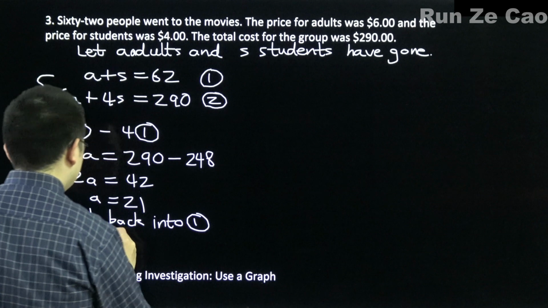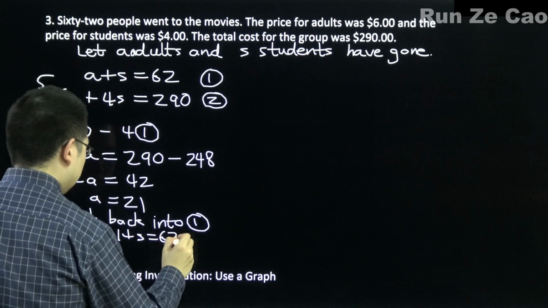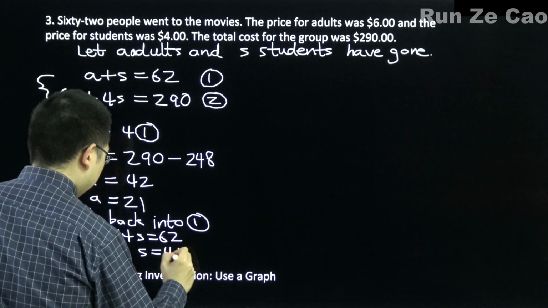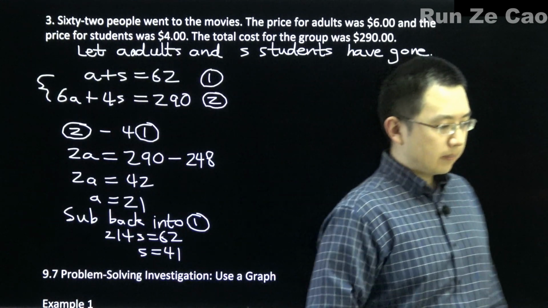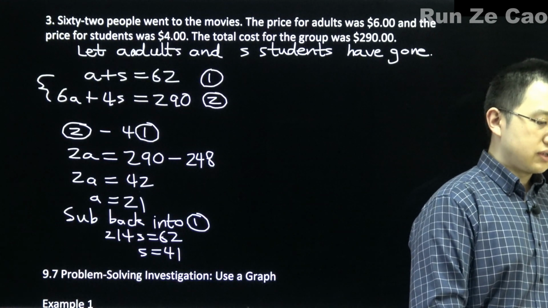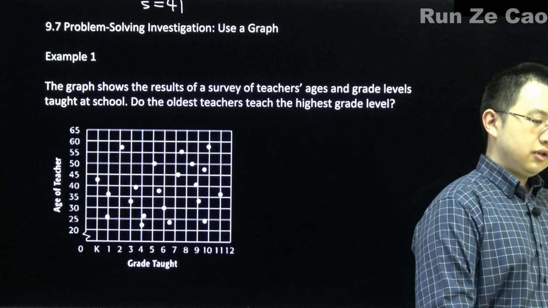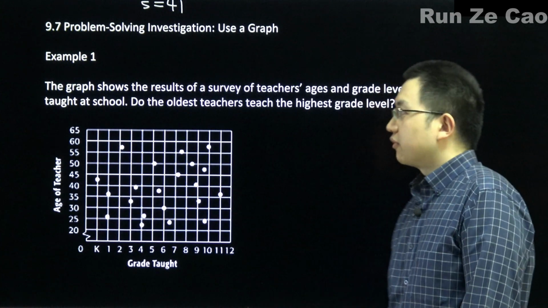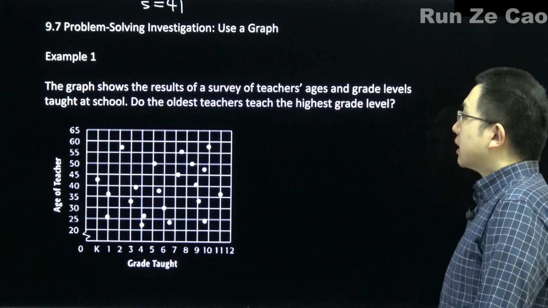And you would end up with 21 plus S equals 62. Therefore, S equals 41. Well, this doesn't seem to be a field trip because there were a bit too many adults. But perhaps it was a field trip plus some other adults who are unrelated. Well then.